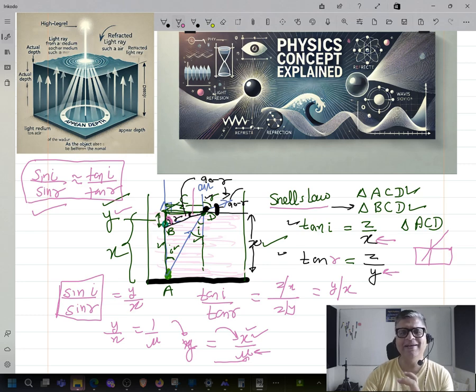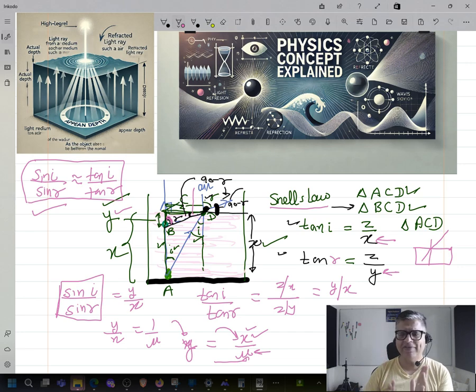Don't be scared of questions where you see apparent depth. Whether there are 2 mediums, 3 mediums, 4 mediums, you need to know this diagram at every interface, and then apply Snell's law. Suppose a question has many layers of liquid, and each layer has a refractive index with respect to the other.